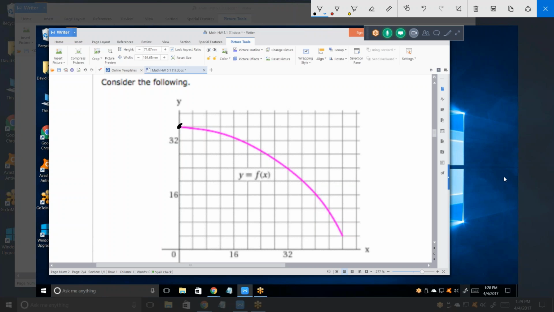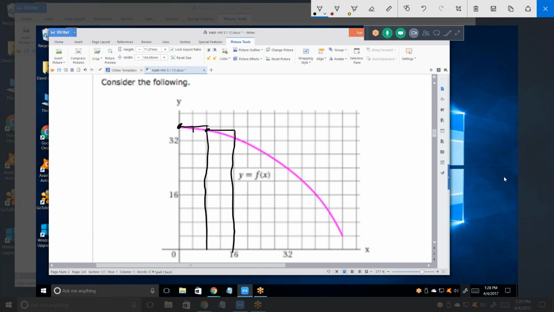And now I just draw a rectangle straight across, 8 units wide. Now for my second rectangle, I start right there. That's using left endpoints, and you can see immediately that the left-hand one overestimates the area. It's got all this extra space up above the curve.